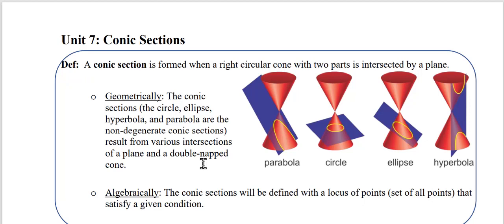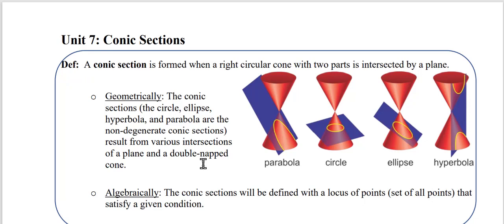If the plane intersects across one of the cones but doesn't touch the other one, then you get a parabola, actually. If it intersects straight across one of the cones, such that that plane is parallel to the base of that cone, you'll get a circle.